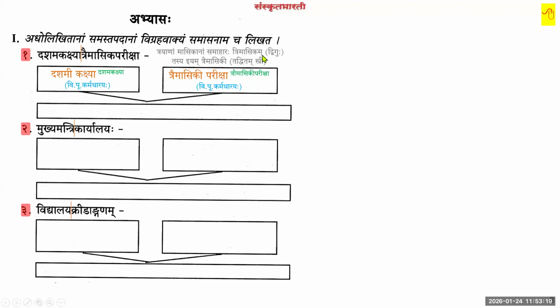Okay. Don't worry. That's why they have given the first break. So even in the exam, do what you know and leave what you can't pursue very clearly. Okay. And the full answer is Dashama Kakshayah Traimasik Pariksha, Shashti Tatpurusha. Dashama Kakshyayaah Traimasika Pariksha.